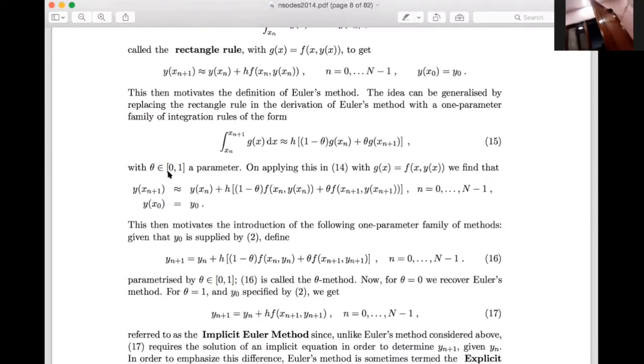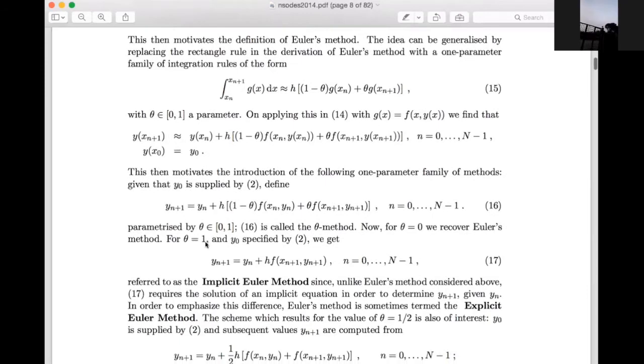So this is the method, with y at xn plus 1. Here, if you look in this book, they have written it as an approximation, and when they replace y by yn plus 1, they put an equal sign. And of course, as we discussed in the last lecture, yn plus 1 is not equal to y at xn plus 1. Basically, yn plus 1 is an approximation to y at xn plus 1, and similarly yn is an approximation of y at xn.